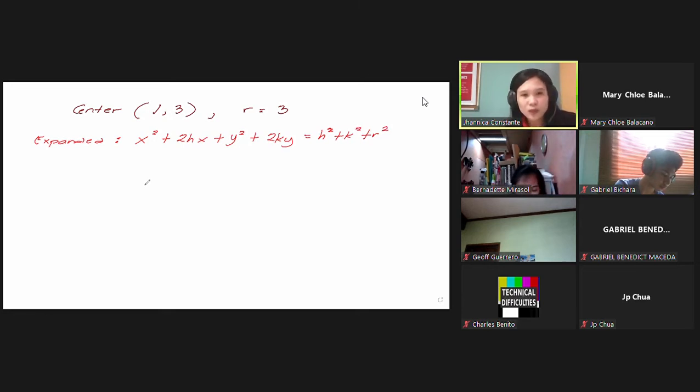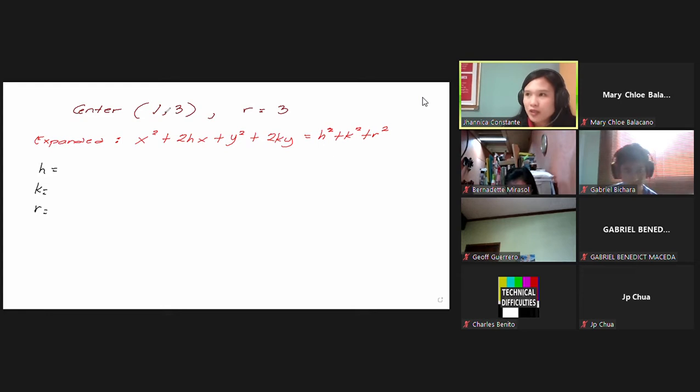It's what we're going to use to write the expanded form of the equation. So since that is the expanded form, what we need to solve for our equation is the value of h, the value of k, and the value of our radius.